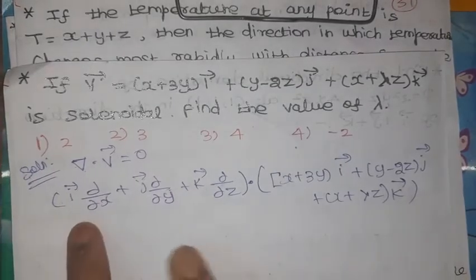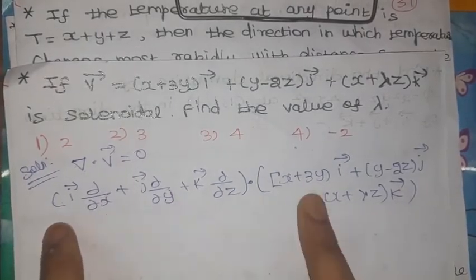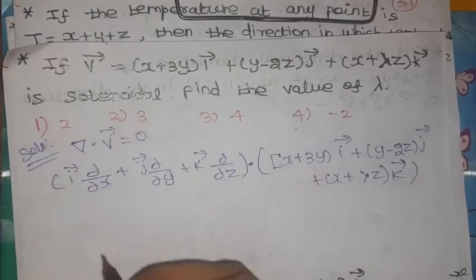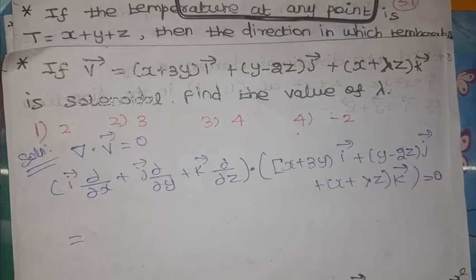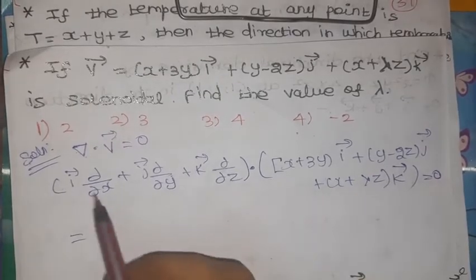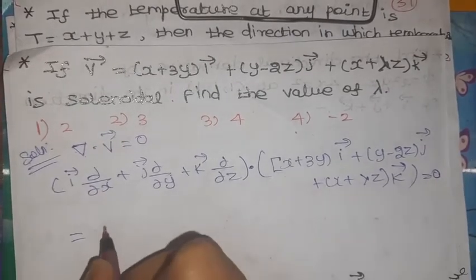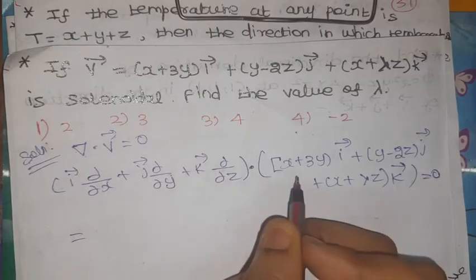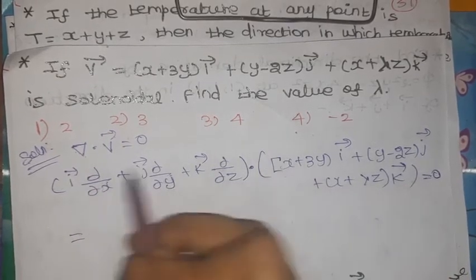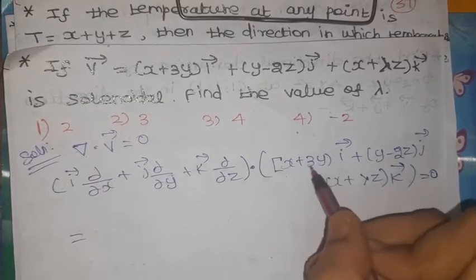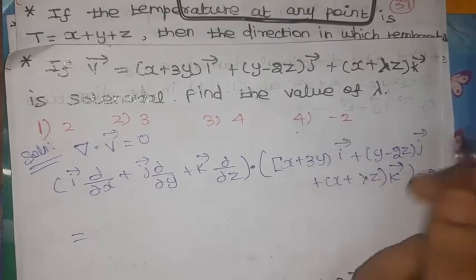Okay, simple. Then dou by dou x of this, what do we get? That should be equal to 0, since it is solenoidal. Dou by dou x of this term, we get 1 only. The 3y term is with respect to y only, so it is constant, we get 0.